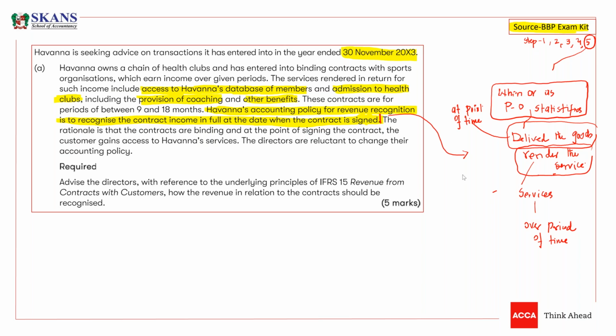Okay, now the problem is: is there any goods which we have delivered and that's it? Or is this something that you have to provide every month as a service? They can access the H database of members.